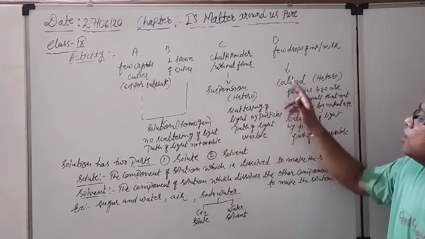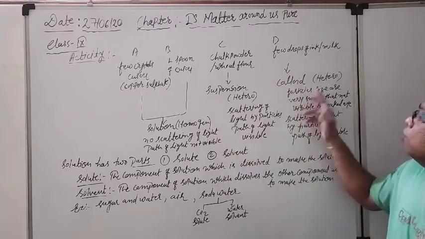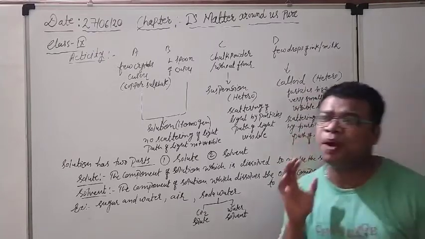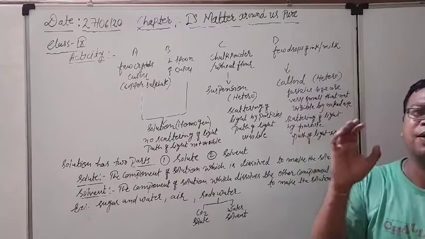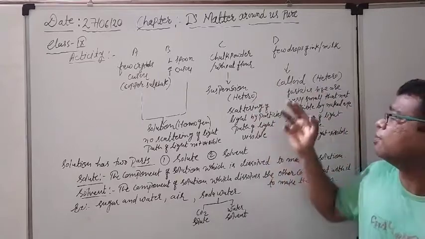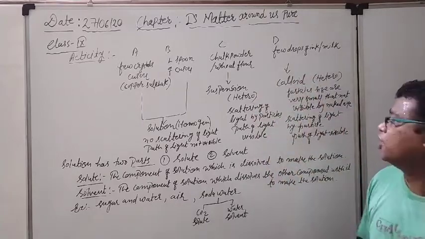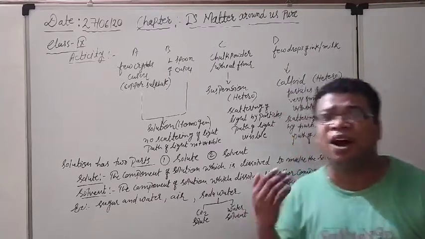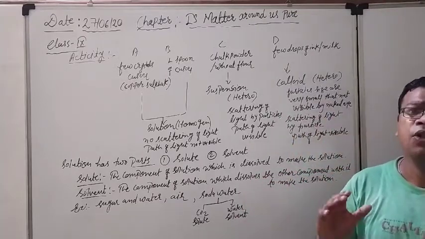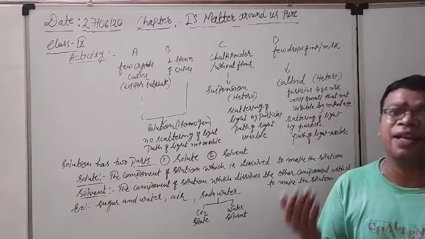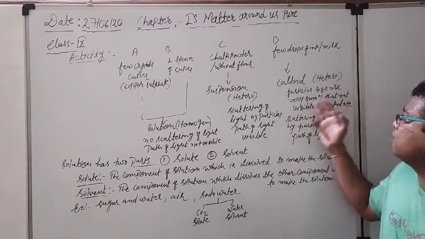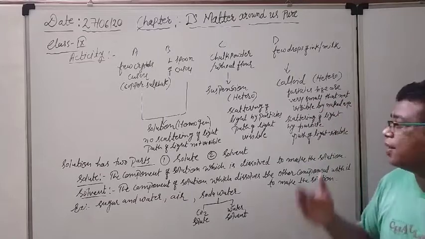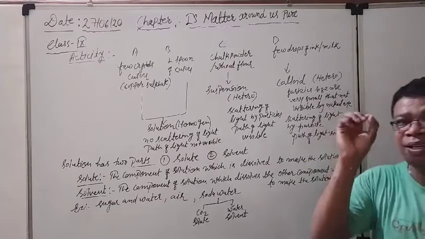The properties are a little different from both. Why? Because the particle size is very small, so small that it is hardly seen, or cannot be seen, with the naked eye. Still the particles are present there.